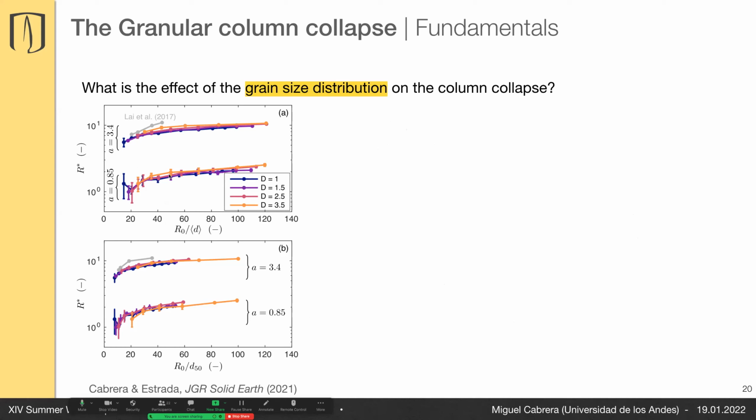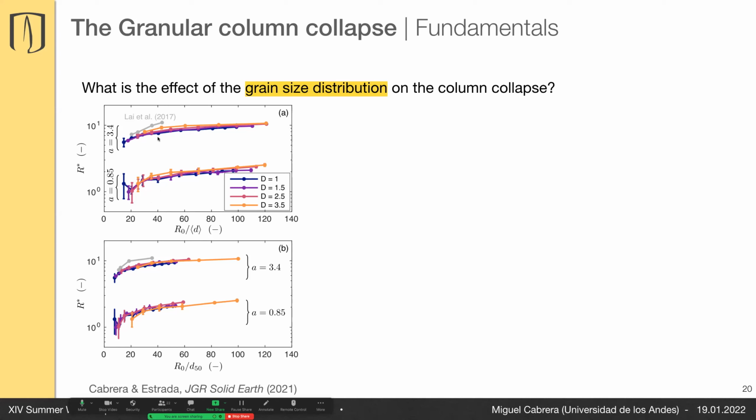And this contradicts a hypothesis that was put forward before, arguing that as you increase the grain size distribution, you're increasing the mobility of the system because of some lubrication effects. We found out that that is not the case, and that it was just an issue related to the grain size distribution of the system.